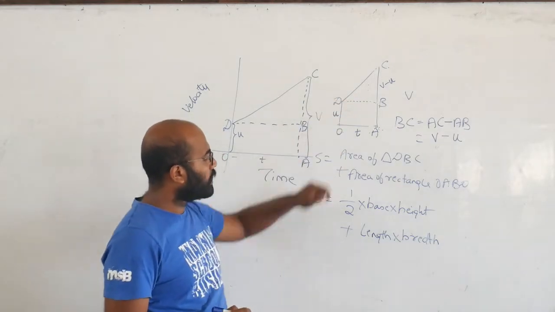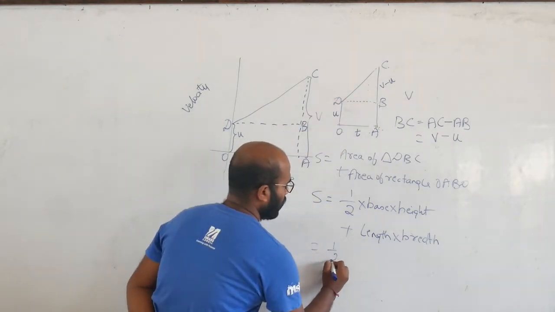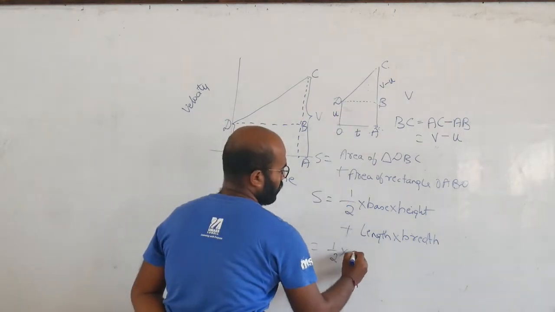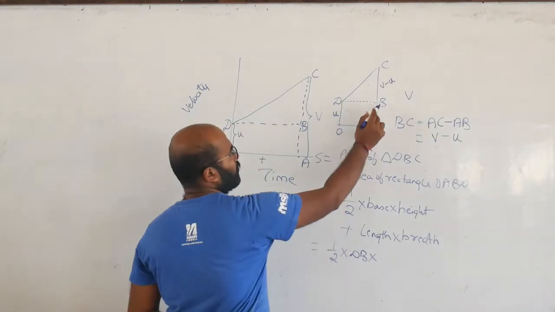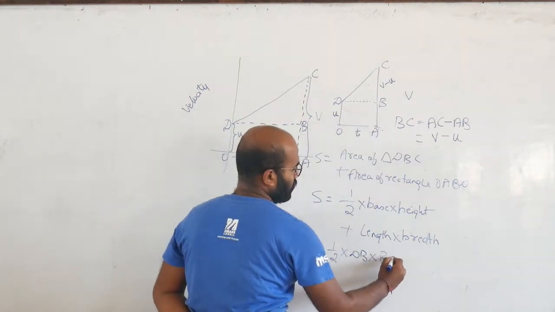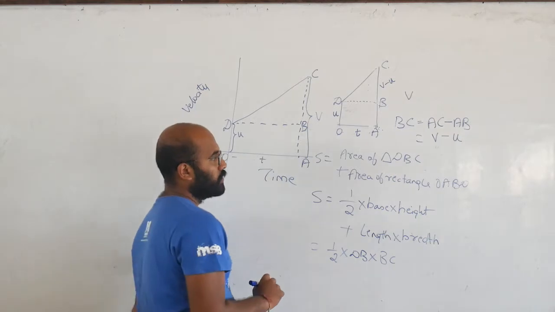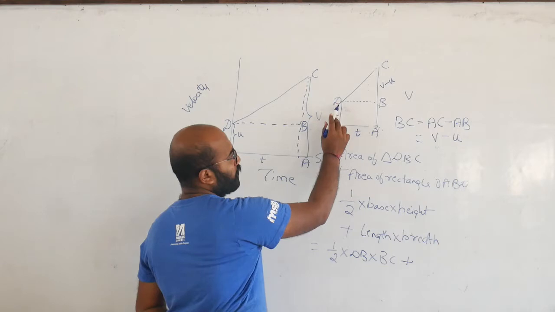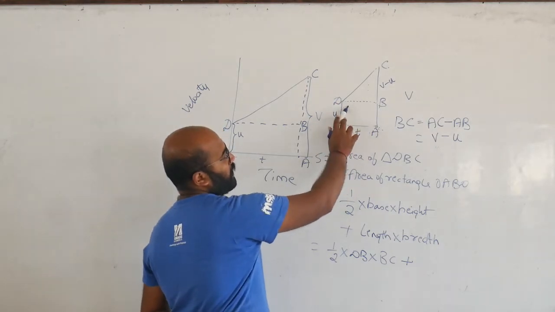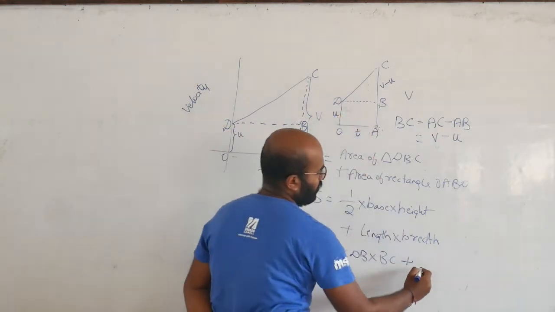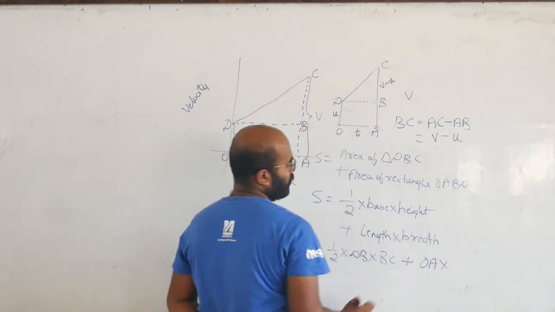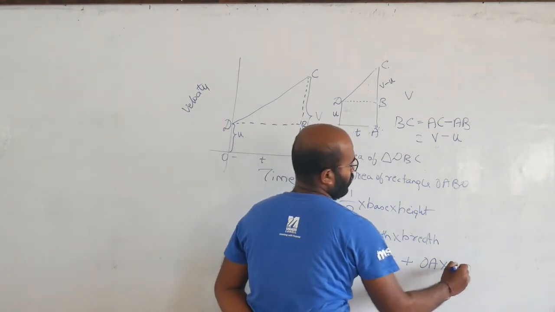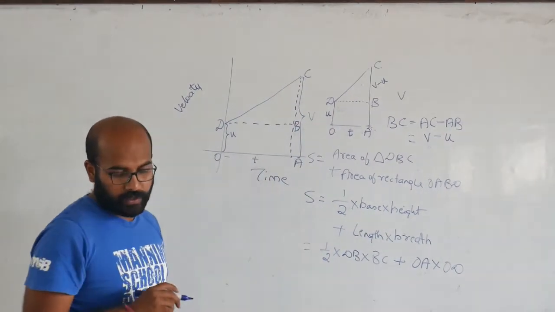So if I take this triangle, what I get is half into base, base is DB, and height is BC. Next, the area of rectangle: length, that is OA, into breadth, that is OD. So OA into OD.